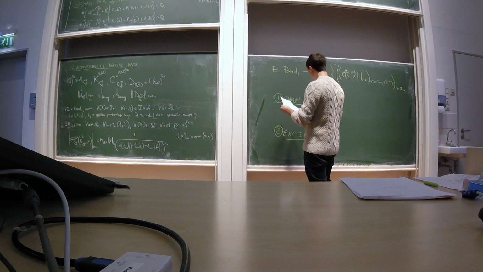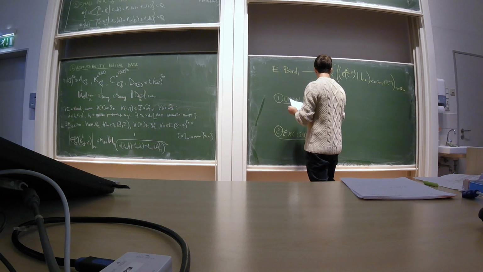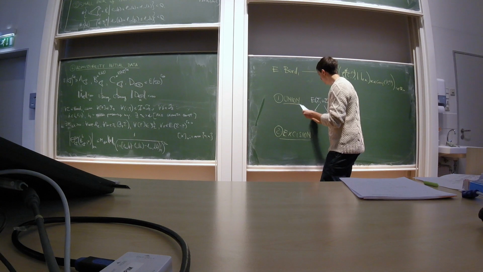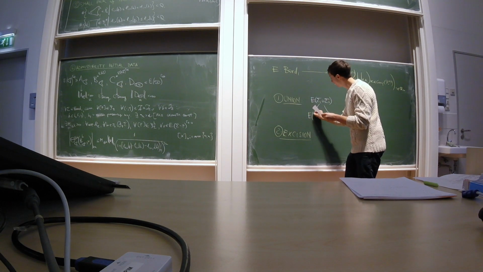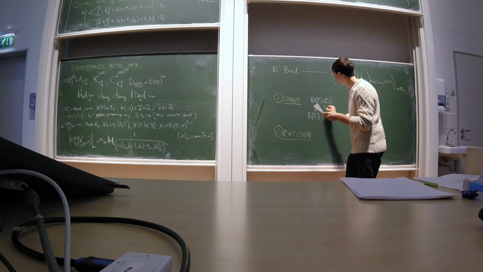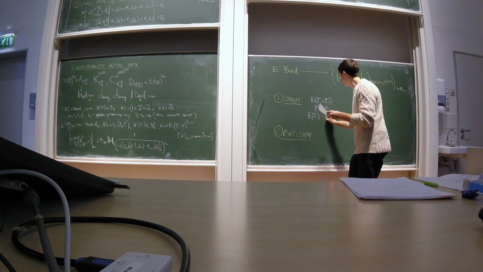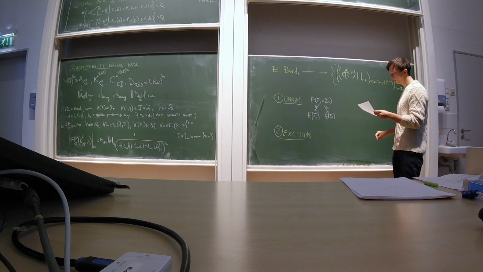So for the union, you do like that. You have E of sigma 1 union sigma 2. Because E is a functor, you have these natural maps Q1 and Q2 to E of sigma 1 and sigma 2.